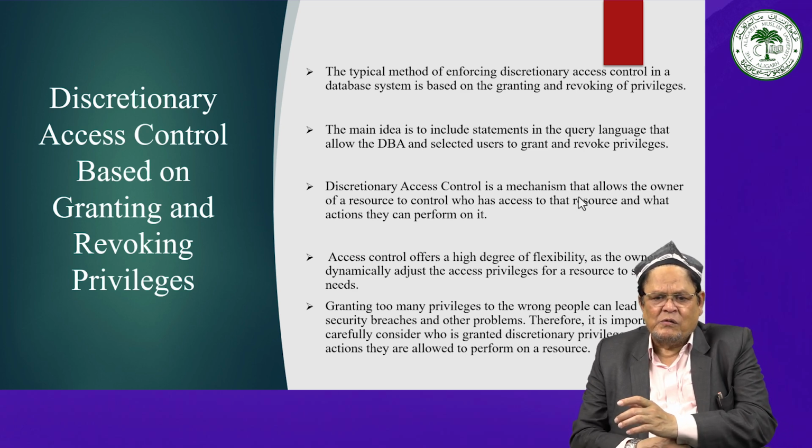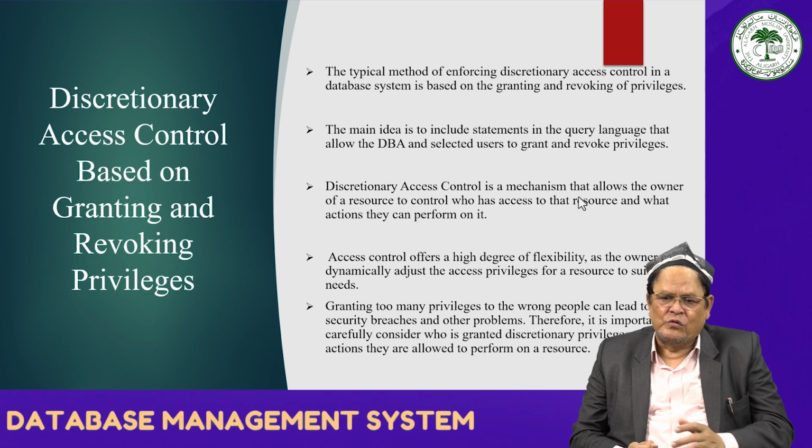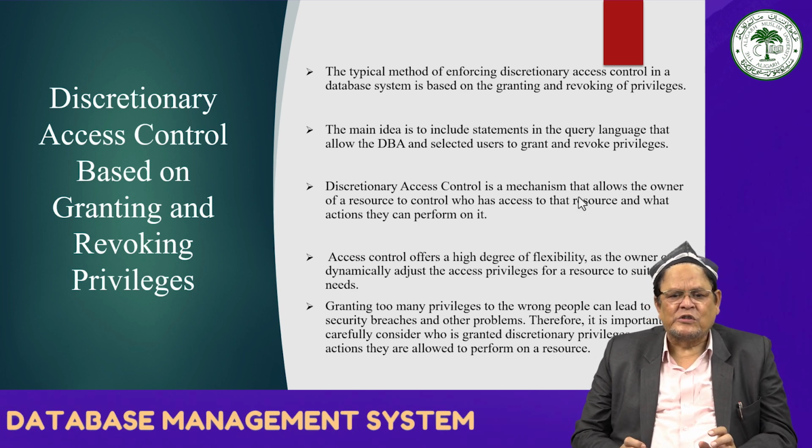If you give more privilege to more people, there are security breaches. Therefore it is important to carefully consider who is granted discretionary privilege and what actions they are allowed to perform on the resources.